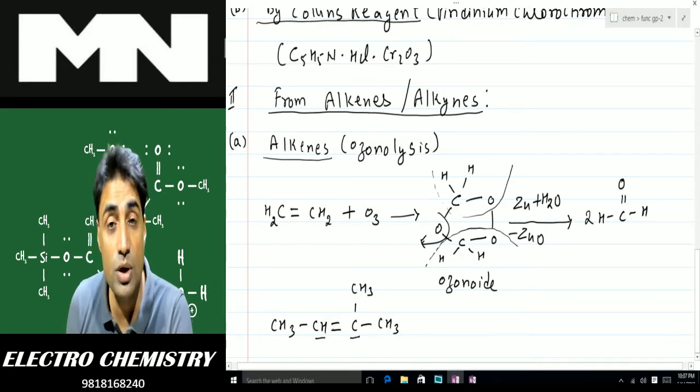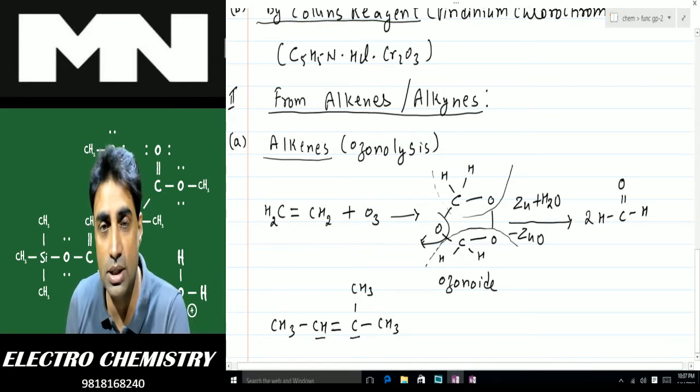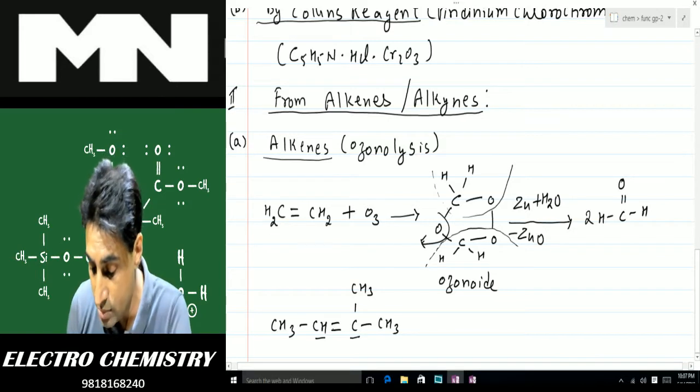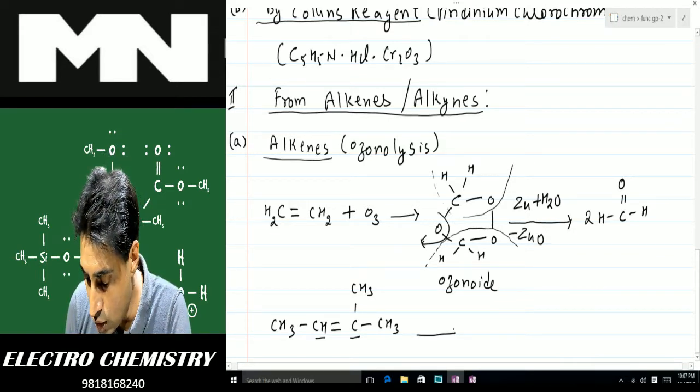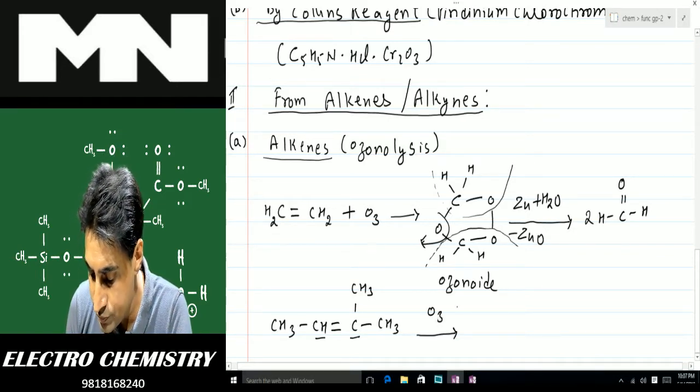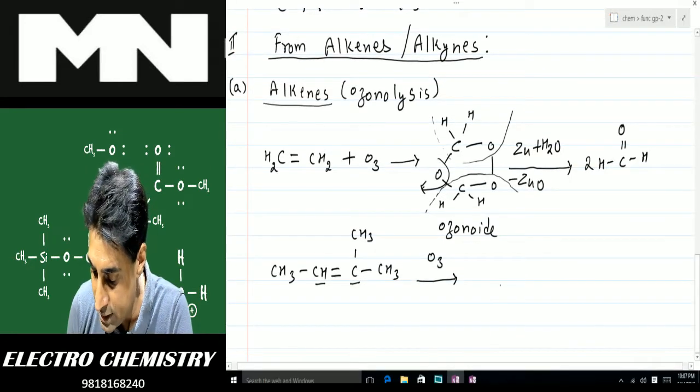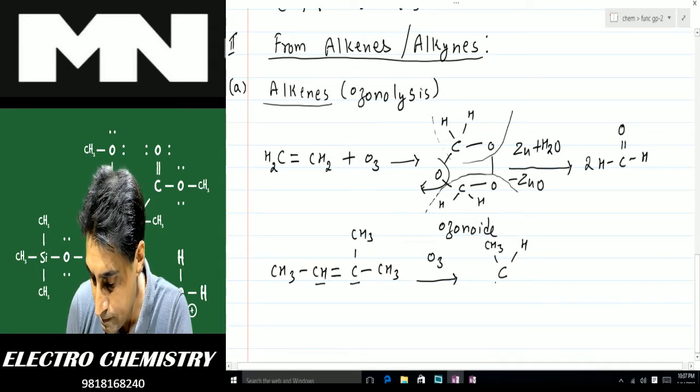One of them has got hydrogen, so that will form aldehyde. The other one does not have any hydrogen, that will form ketone. So on reaction with ozone, they'll form an ozonoid, and the ozonoid will appear like this, where here you are having CH3 and H. This carbon will not have any hydrogen. You'll have it like this.